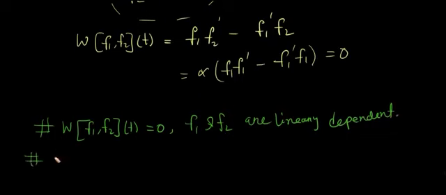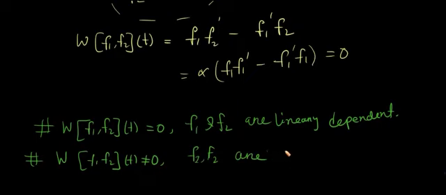And if this is not 0, that is, the Wronskian of f1, f2 of t is not 0, that would mean f1 and f2 are linearly independent.